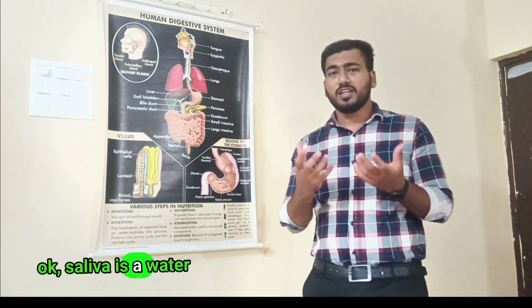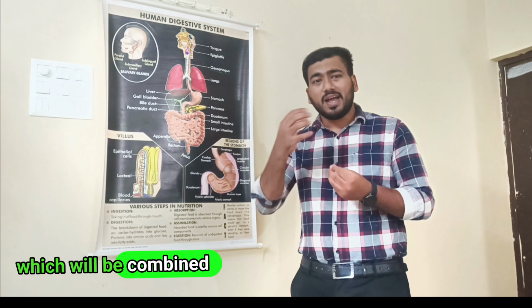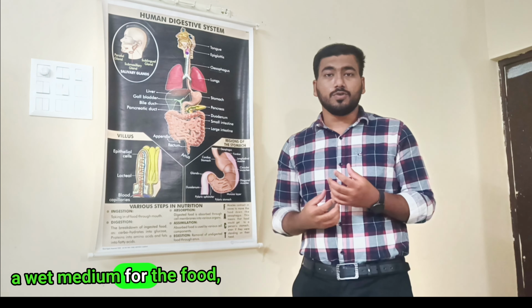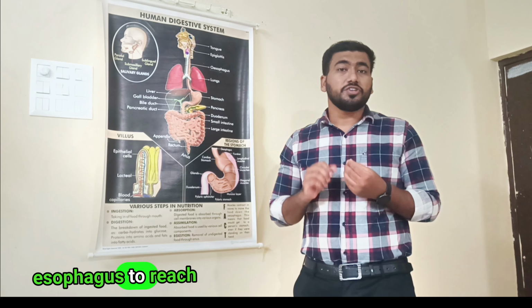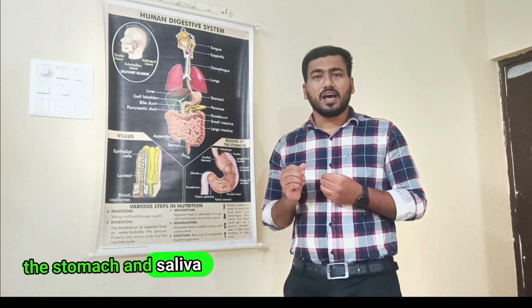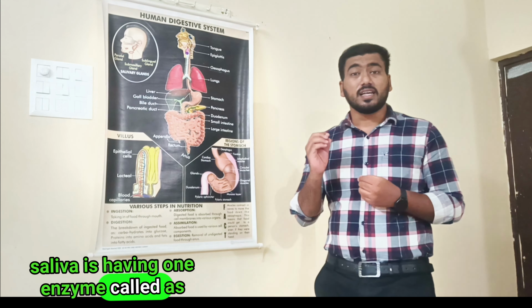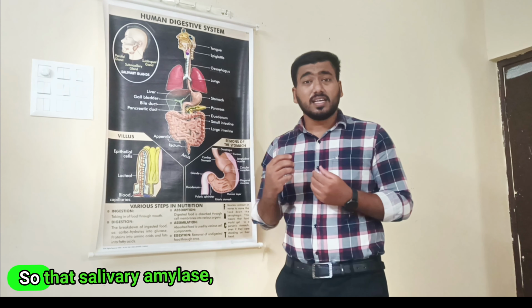Now what is the role of saliva in the digestion process? Saliva is a watery fluid which combines with our food particles and provides a wet medium so that the food can easily slip inside the esophagus to reach the stomach. And saliva has one enzyme called salivary amylase.